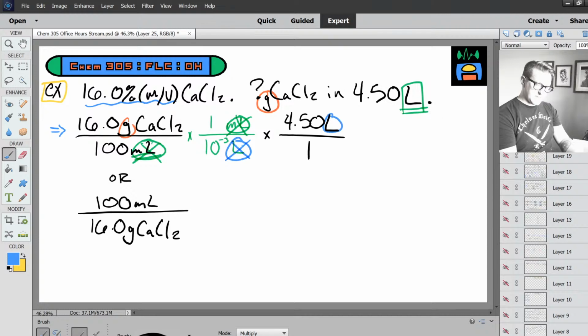Right, liters cancel liters, and now we can crunch our numbers. 16.0 divided by 100 divided by 10 to the negative third times 4.50.